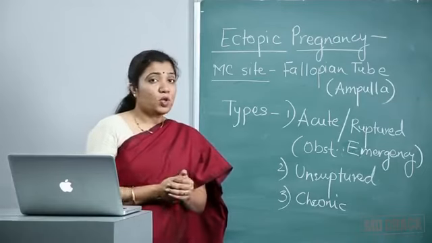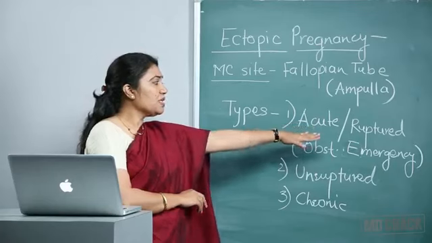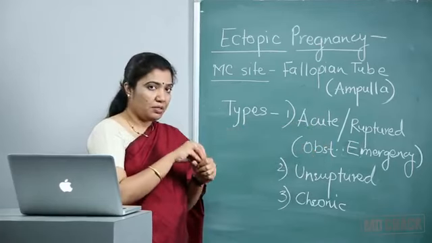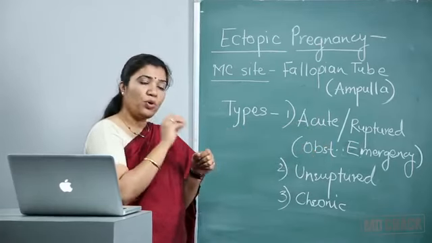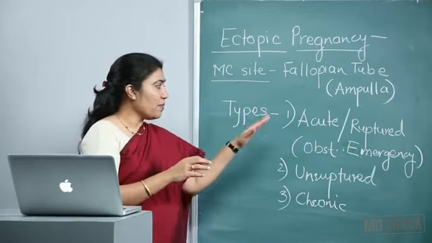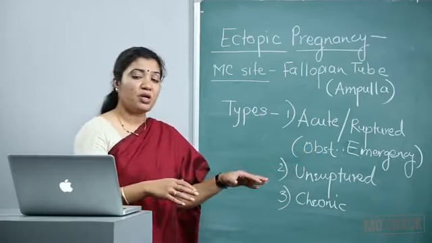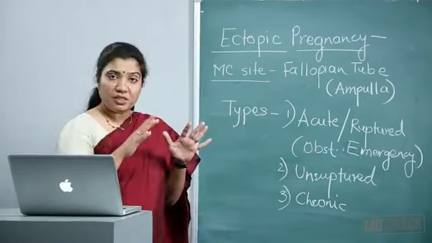Now let's see what the types of ectopic pregnancy are. Acute means ruptured ectopic: an ectopic in the fallopian tube or anywhere, and the organ has ruptured. You can imagine that this is an obstetric emergency. This is the adrenal rush phenomenon where the patient can be in shock.